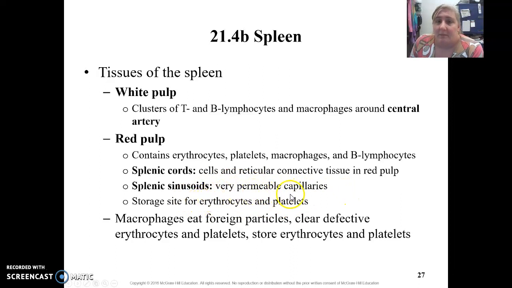So blood is going to be filtered through the spleen, and our B and T lymphocytes are going to get activated if there are any pathogens in our blood. It's also the site where red blood cells that have been damaged, that are old, are going to be broken down so that we can release the hemoglobin and other materials to reform new erythrocytes.